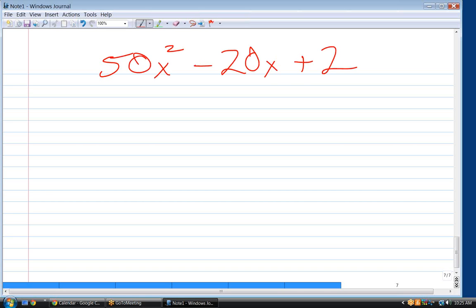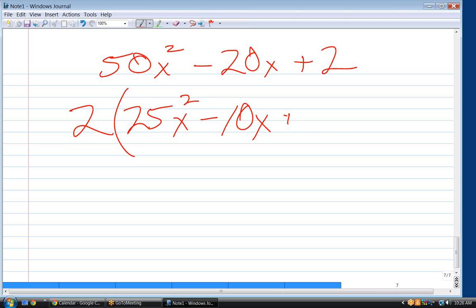Could you divide everything by 2? Yes, and you want to. In other words, that's part of factoring. So what's left over is this. All I'm doing is, at the moment, factoring out a 2. I'm not dividing both sides by 2, I'm just factoring out a 2.